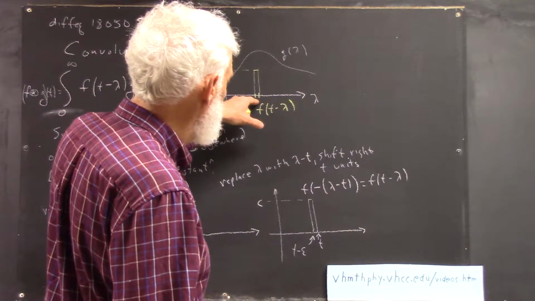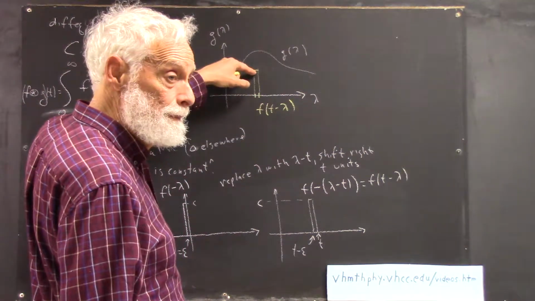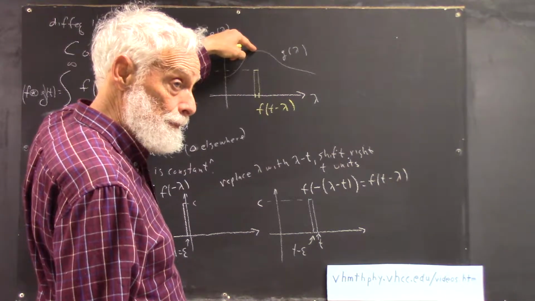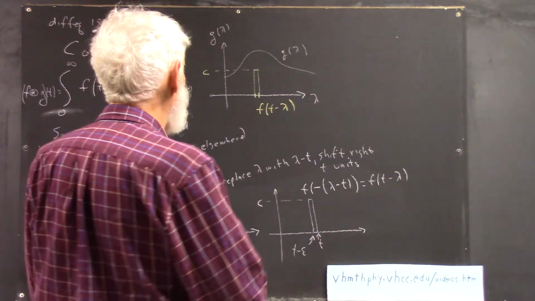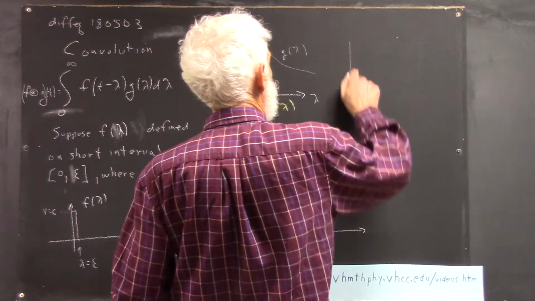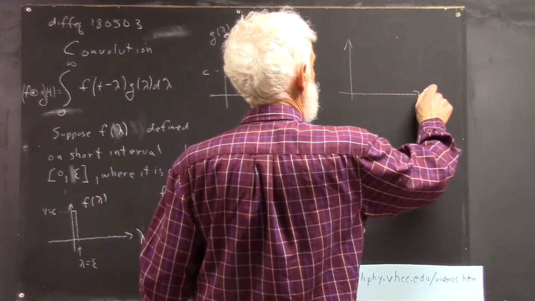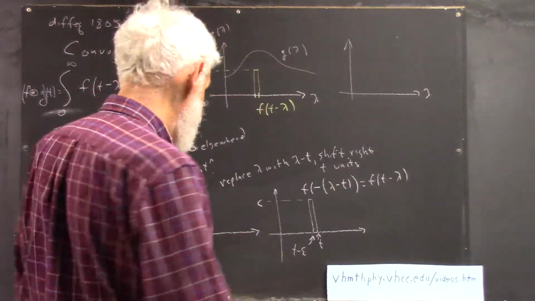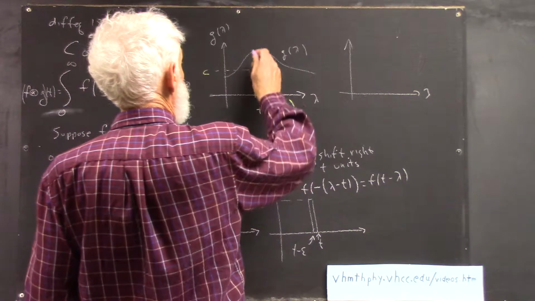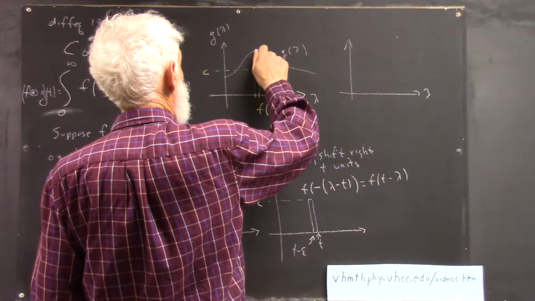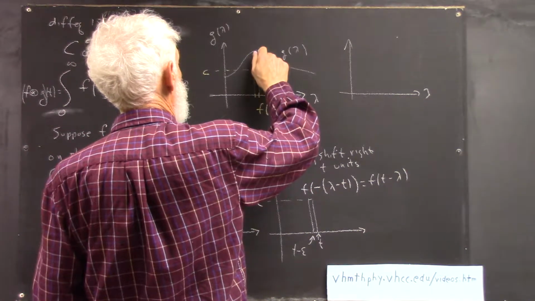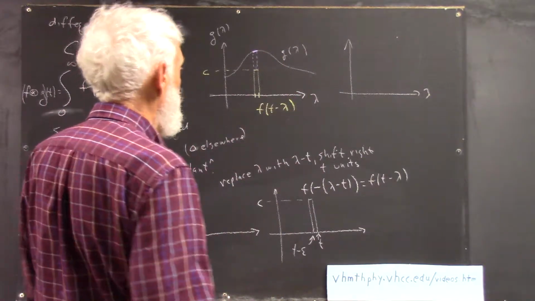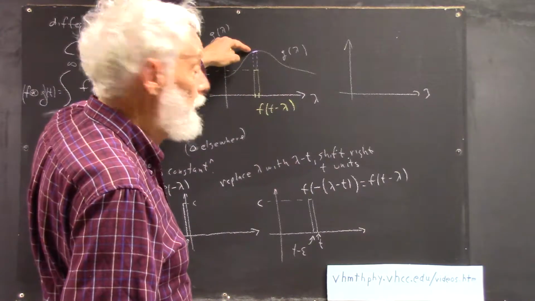what we're going to get is just the product of c with the value of g, essentially. Because our function f of t minus lambda times g of lambda is just going to be some multiple of this value.